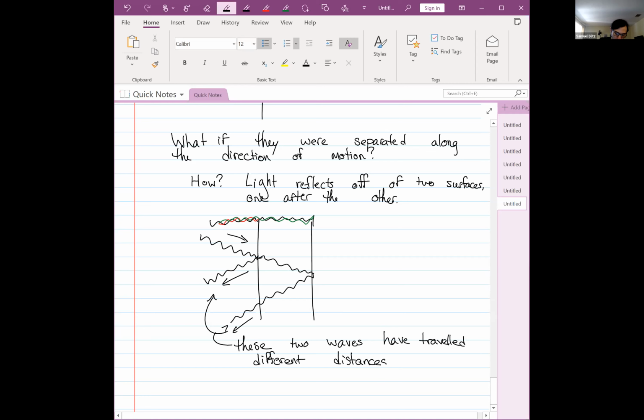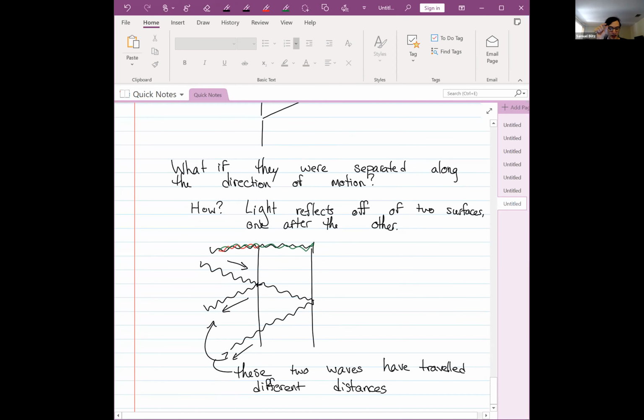One has traveled all the way through the medium and back again, and the other one reflected off of the first interface. So the way that we can create this phenomenon where you have interference as a result of two waves being separated in space along the direction of motion is by creating a thin film reflection, or reflection off of a thin film.